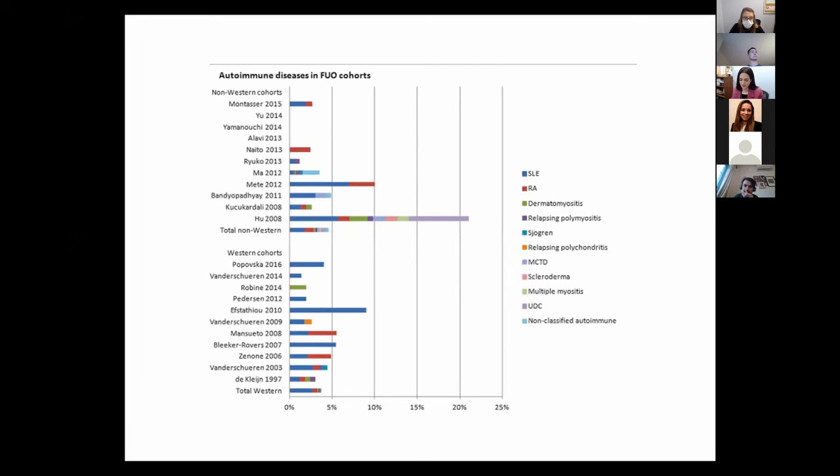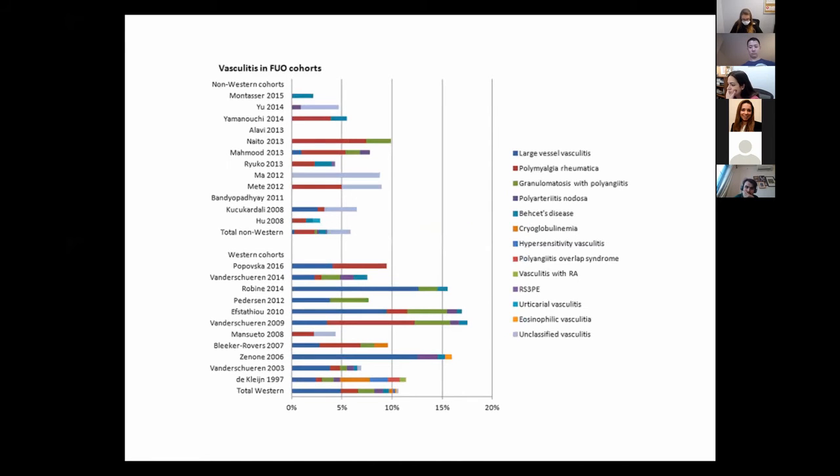As far as autoimmune diseases go, in a variety of FUO cohorts, lupus has always predominated throughout the years. And in terms of vasculitis, as you see in non-Western cohorts at the top, PMR predominates, and in Western cohorts, it's more large vessel vasculitis.